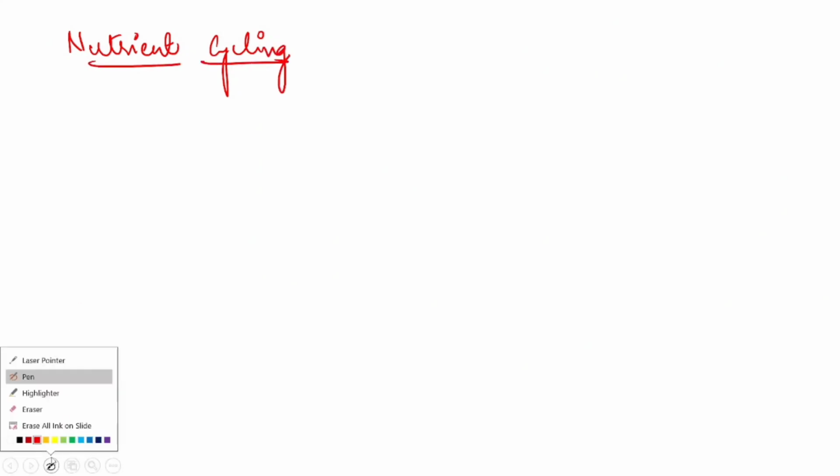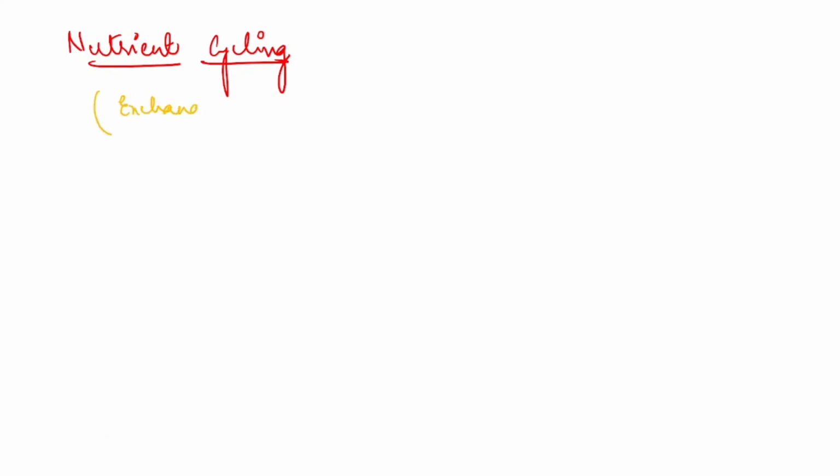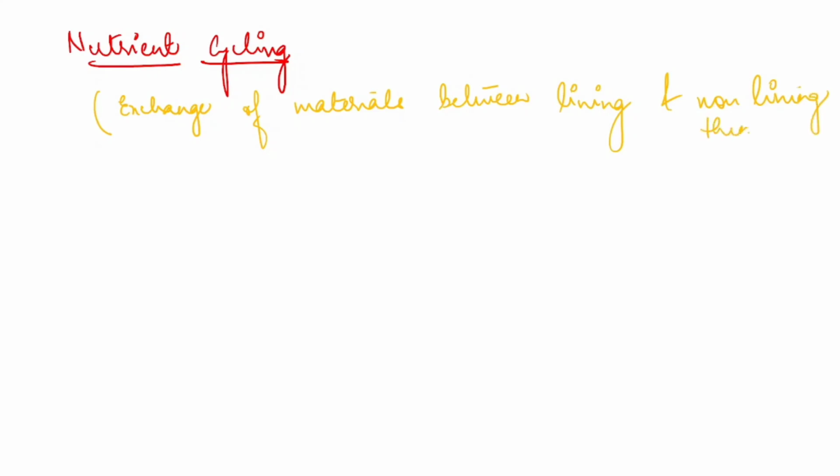And next we have discussed nutrient cycling. What is nutrient cycling or biogeochemical process? It is the exchange of materials between living and non-living things.